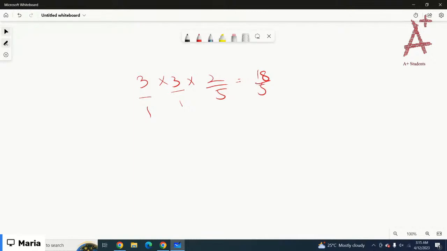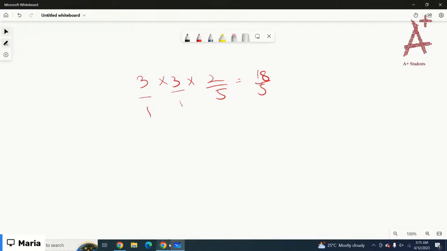Then the lesson name is multiply three or more fractions and whole numbers. That would be the seventh lesson in the chapter multiply fractions. Maybe you have different questions on the test, but they look like the same. Let me know when you are on the same lesson.